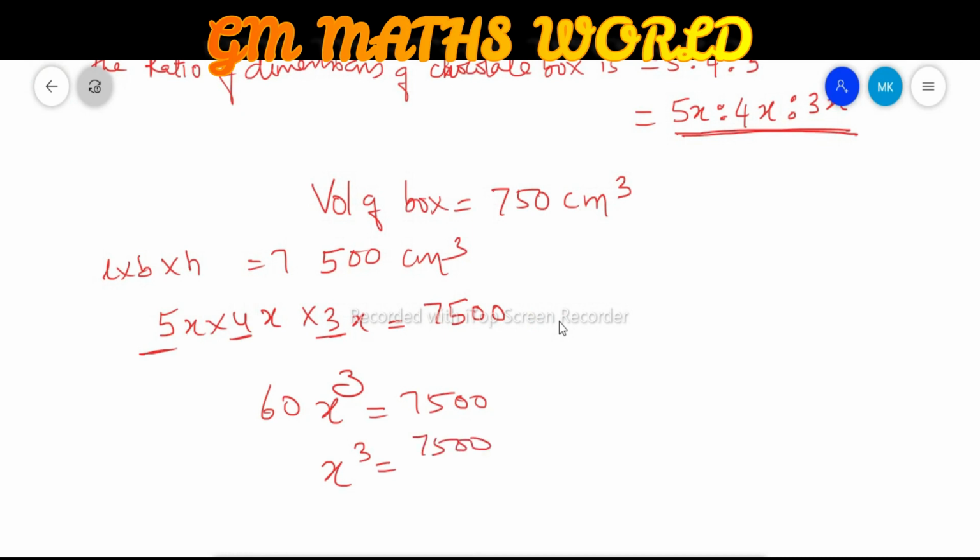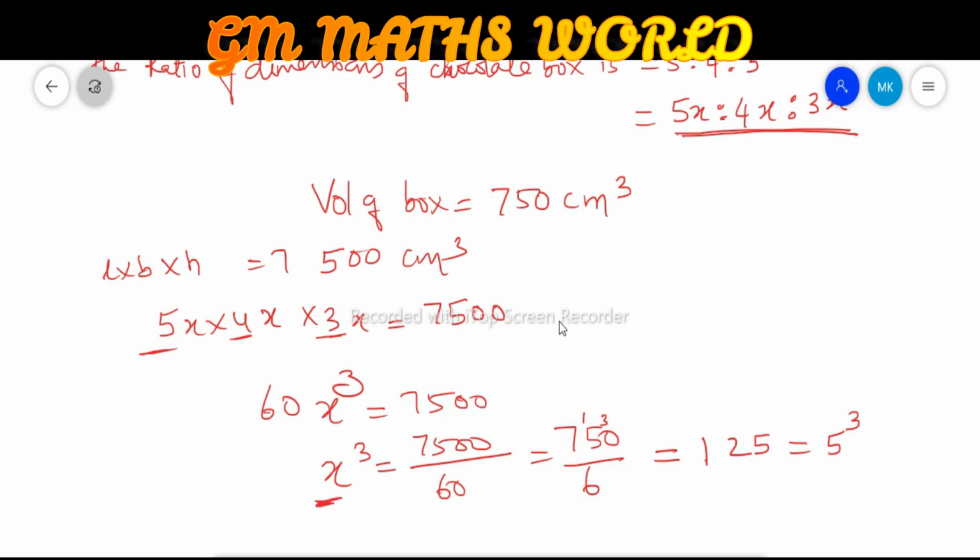The 60 will move to the right hand side, it becomes division, and we will get 750 by 6. In the table of 6 directly you can cancel, 6 one time, 12 two times, 3 remaining, 35 times. So it is 125, which is the cube of 5.